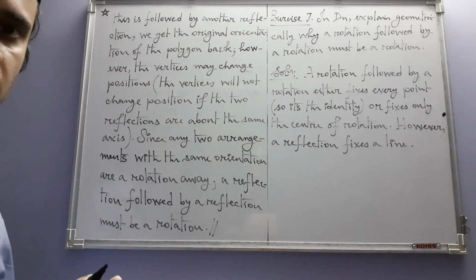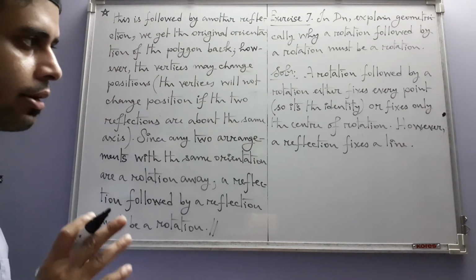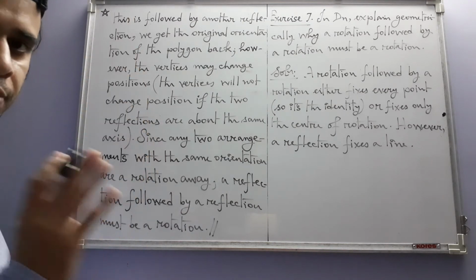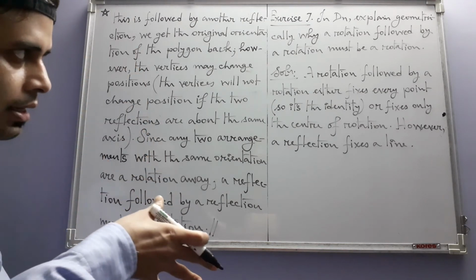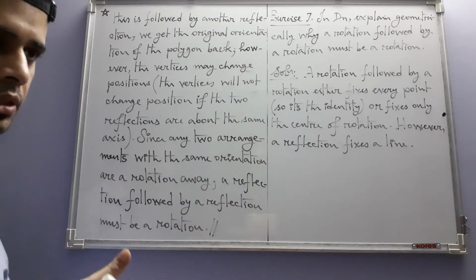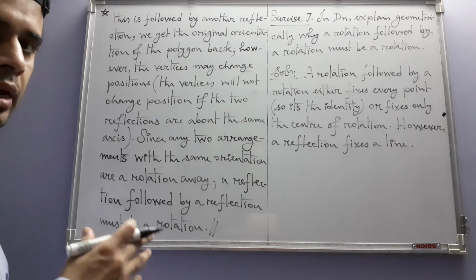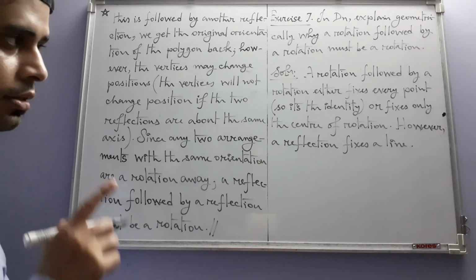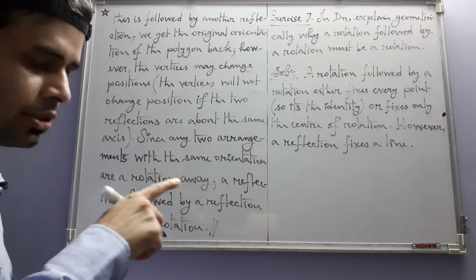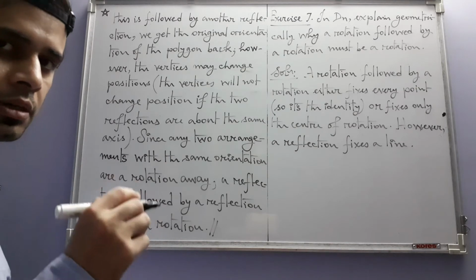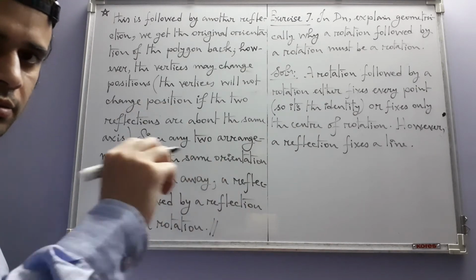So a rotation followed by a rotation cannot be a reflection, because it cannot fix a line. Either it fixes every point, say one rotation fixes every point and the other rotation fixes only the center of rotation. Keep in mind that for both the rotations, the center of rotation is the same, because that is the center of the regular polygon.